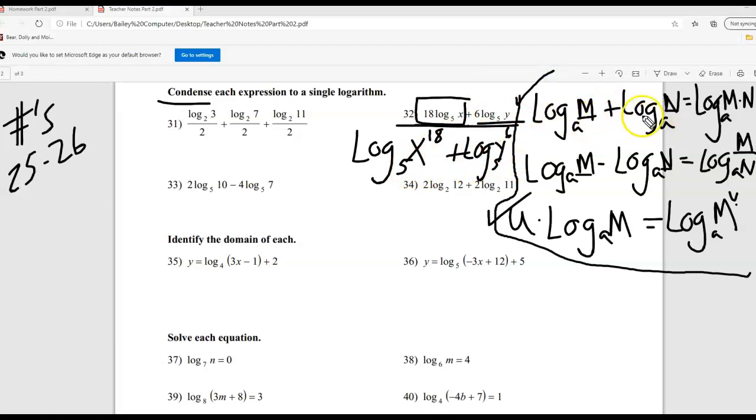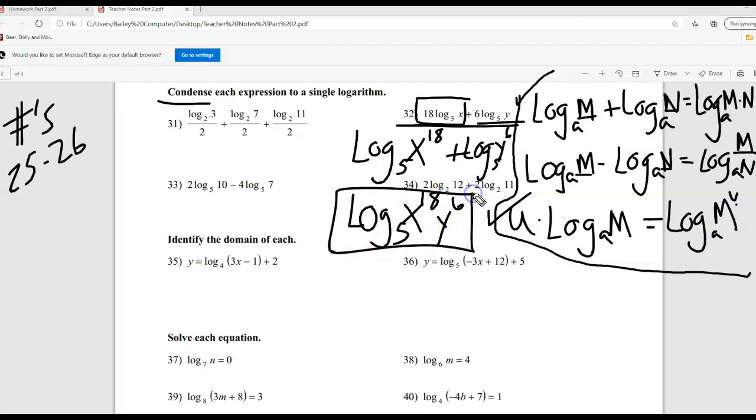When you have two logs being added, you can multiply the arguments together and make it one log. So we could put this together in the following fashion. And now I have one logarithm. So notice the order I went in. I first applied rule 3, where I took the number in the front and made it a power. And then I applied rule 1.